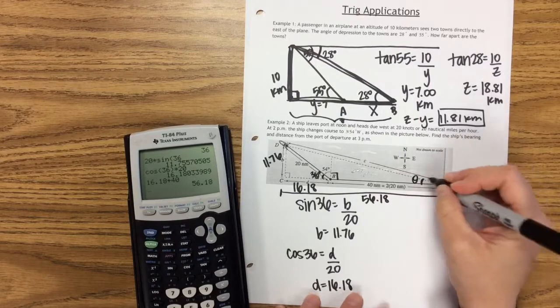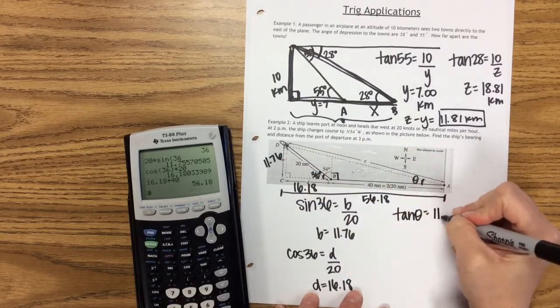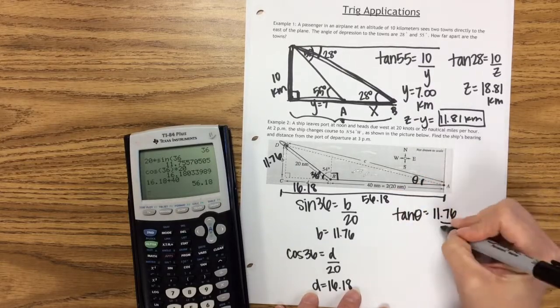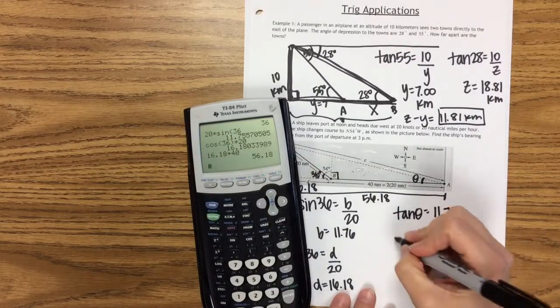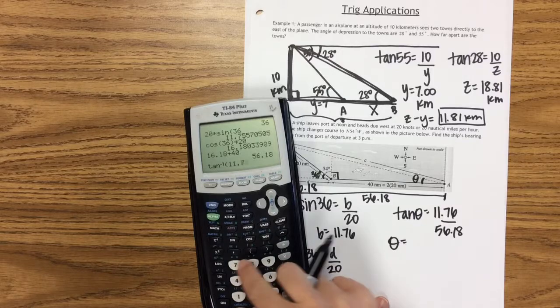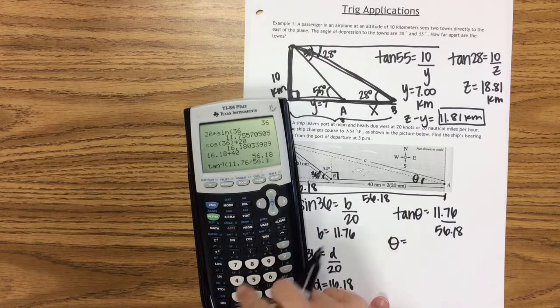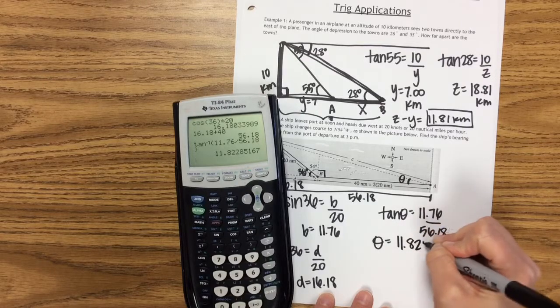I'm going to label it theta by doing tangent of theta equals opposite over adjacent. And I'm going to inverse tangent that fraction to get that angle. And it looks like that angle is 11.82 degrees.